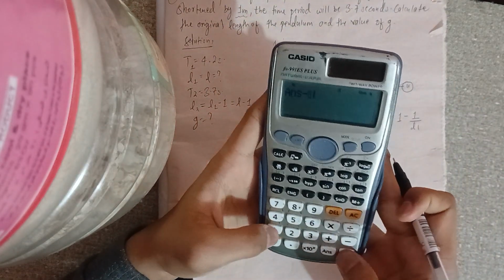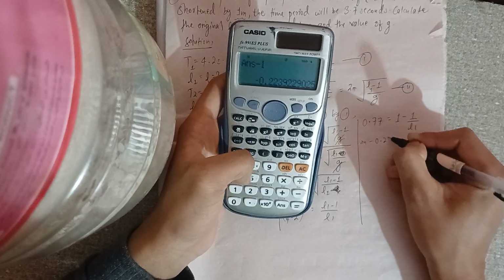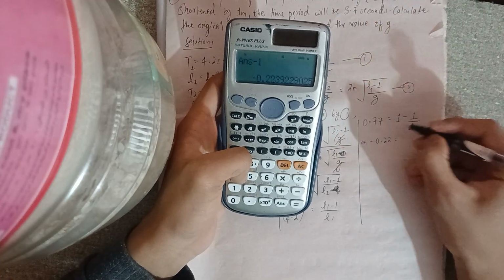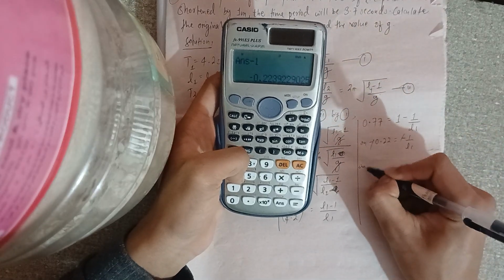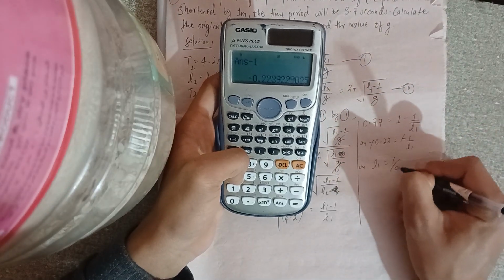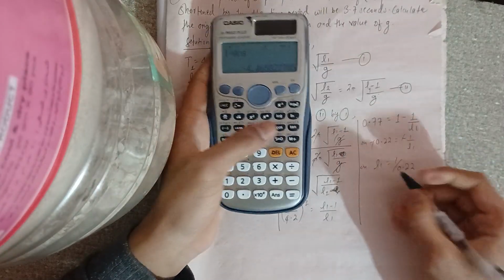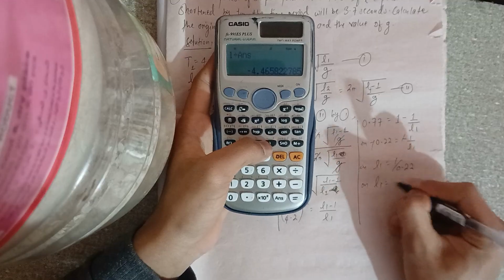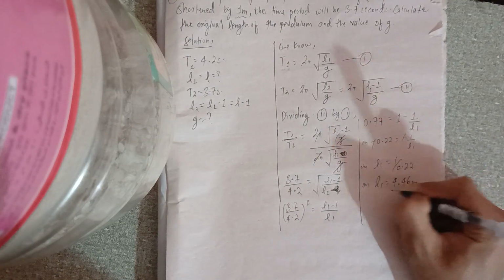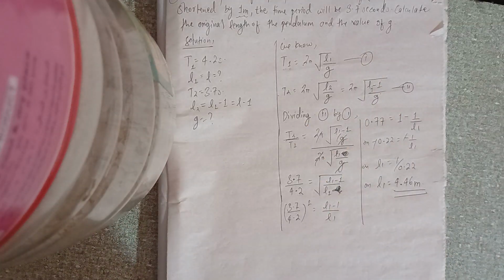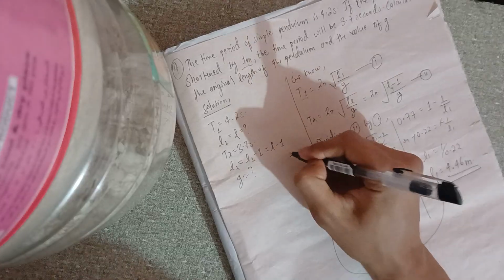If we subtract 1 from that, we have minus 0.22 equals minus 1 by L1, or L1 will be equal to 1 by 0.22, and if we divide, we get 4.46. L1 equals 4.46 meters. Yes, that is the answer. Now again we need to find g.